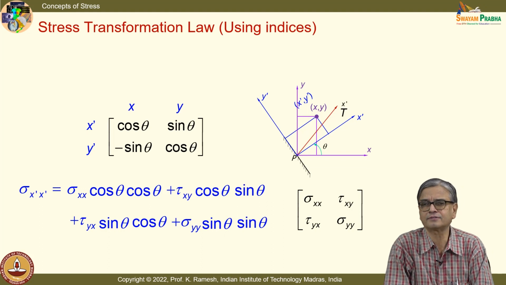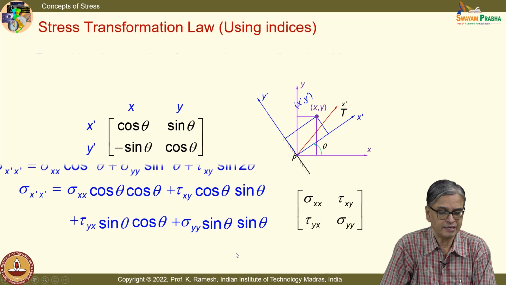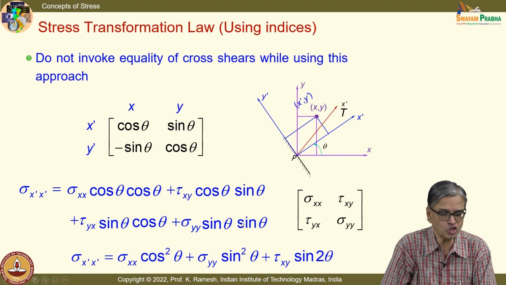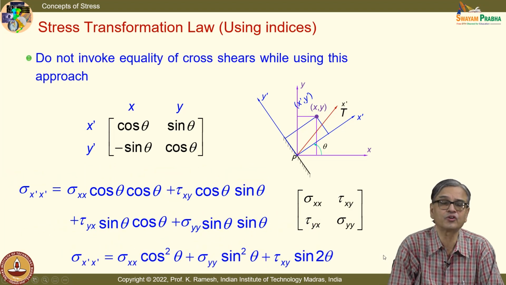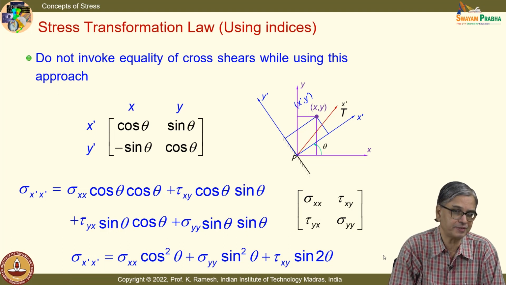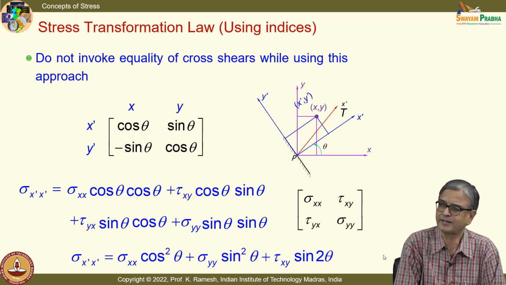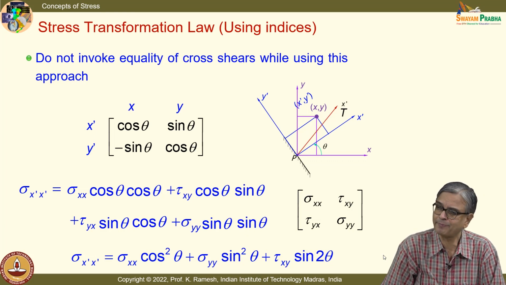This is straightforward. So, I get the final expression in this form, and this is also simplified in terms of sin 2 theta or cos 2 theta, whichever the case may be. Is the idea clear? We will repeat it for tau x prime y prime.